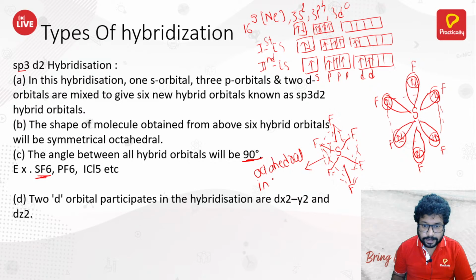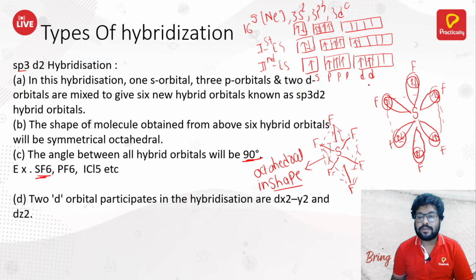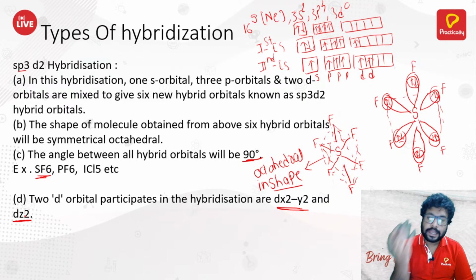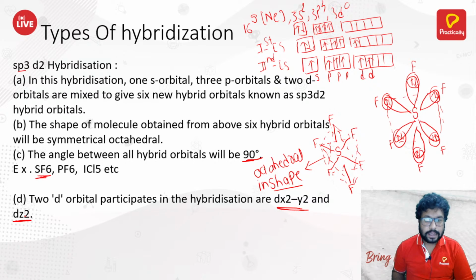It is octahedral in shape. Okay, the d orbitals which were involved here, one was dx2-y2, another was dz2. Okay, so that is how you get the sp3d2 hybridization. It happens in case of SF6, PF6 and ICl5. Okay, that's how sp3d2 hybridization is.